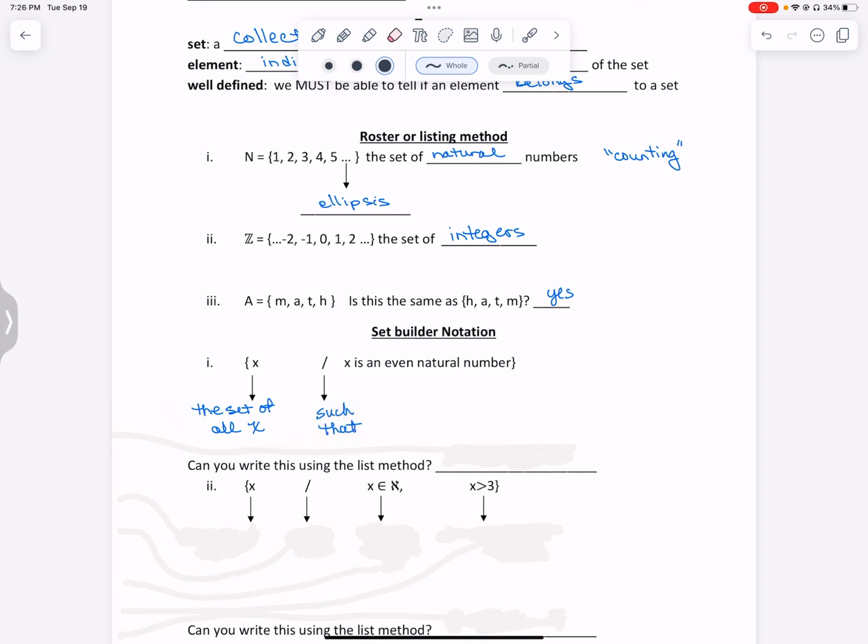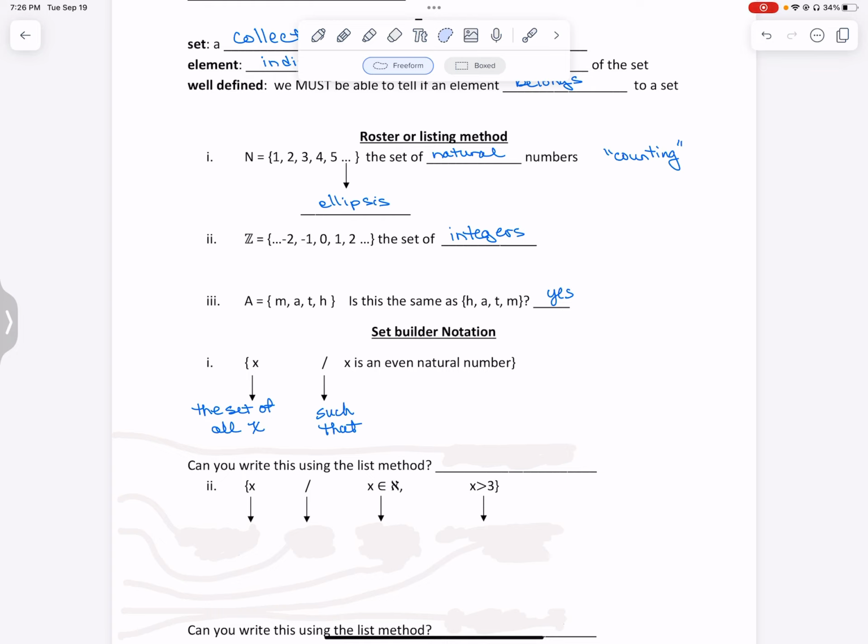Anytime you read set builder notation, you will say the set of all X such that, and then you'll have the rest of it. X is an even natural number. So we can write that as the set of all X such that it's an even natural number.